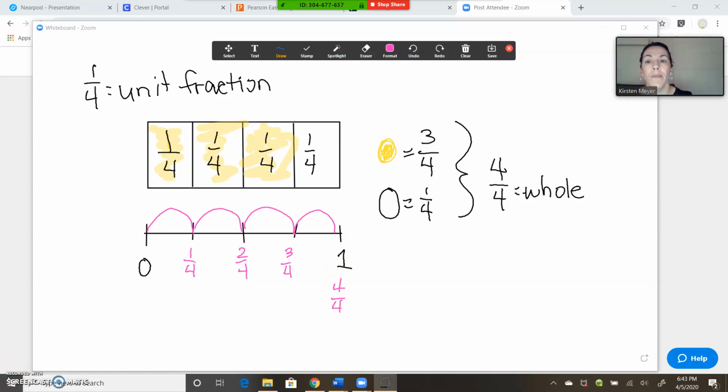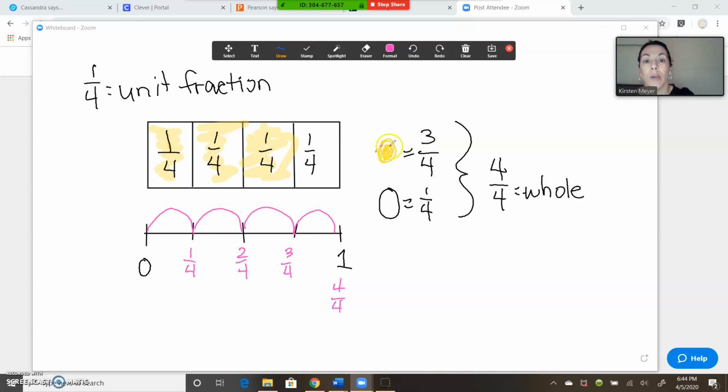So just to quickly review, when we have a shape and we divide it into pieces, each part of the shape or model is called its unit fraction. In this case, we had 4 pieces, so each unit fraction had a value of 1/4. When we shade in a part, the part that we are focused on is the numerator.